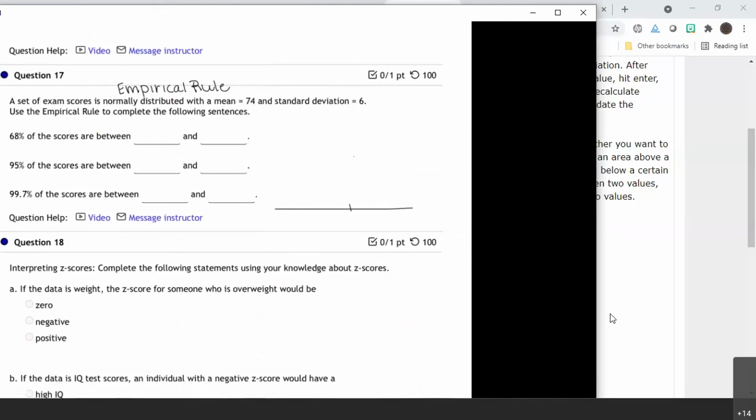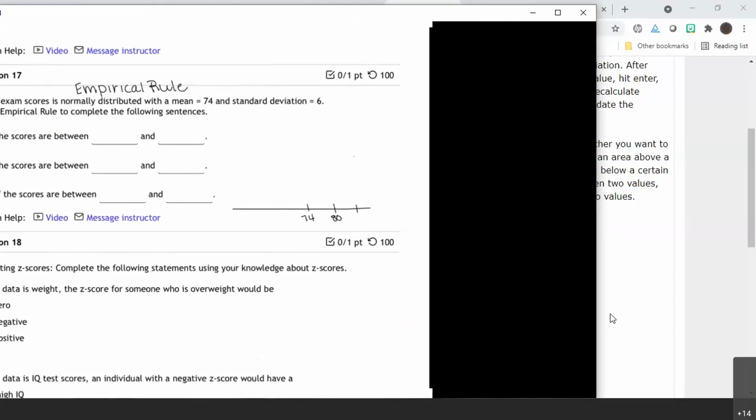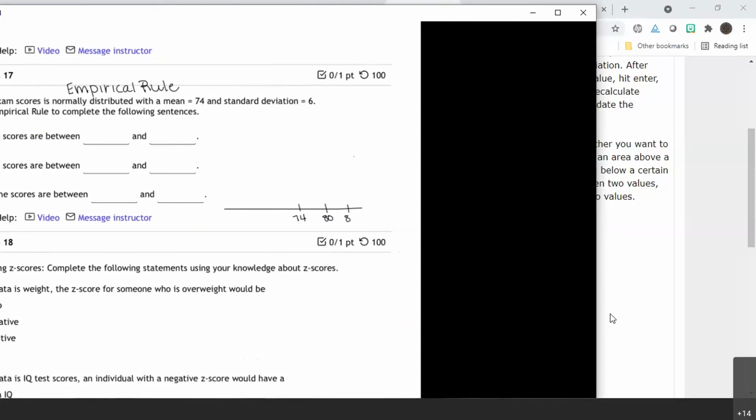Here's 74. One standard deviation above, I'm going to add 6 to that, so that'll be 80. Another standard deviation will add another 6, would be 86. And 3 standard deviations above the mean would add another 6, so 92.